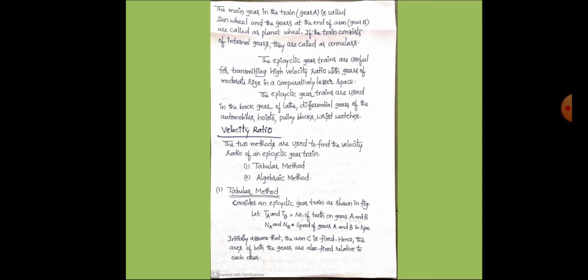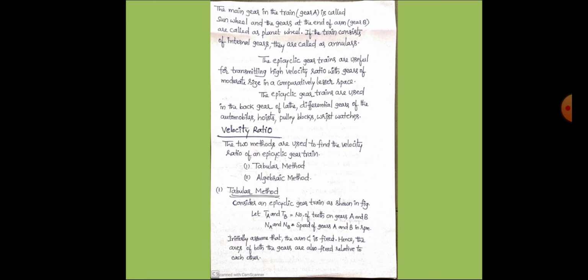Consider an epicyclic gear train which is already explained with the help of a diagram. With respect to that, let us take TA and TB as the number of teeth on gears A and B.